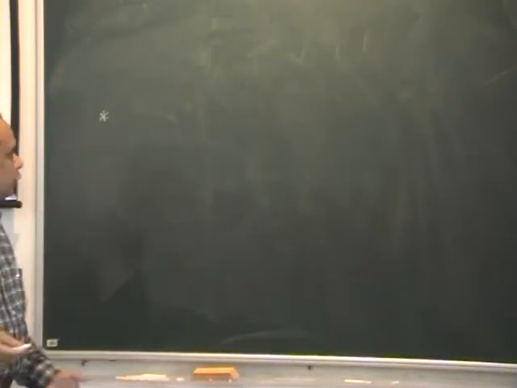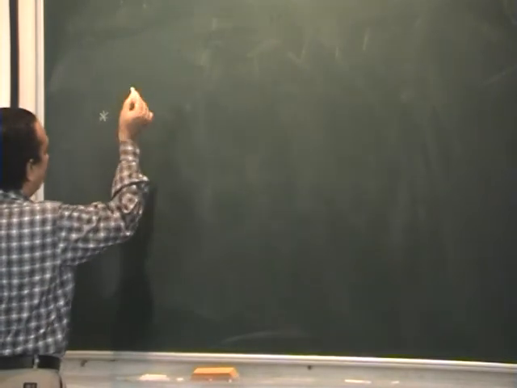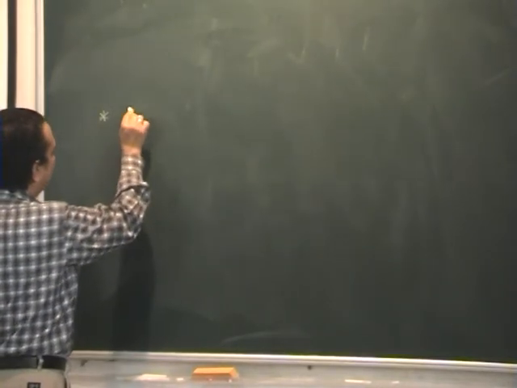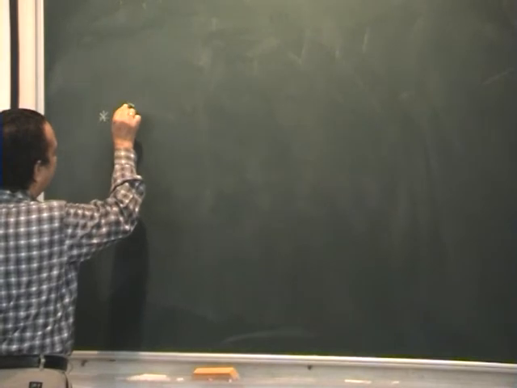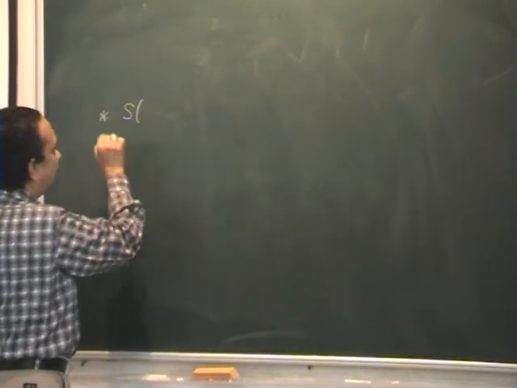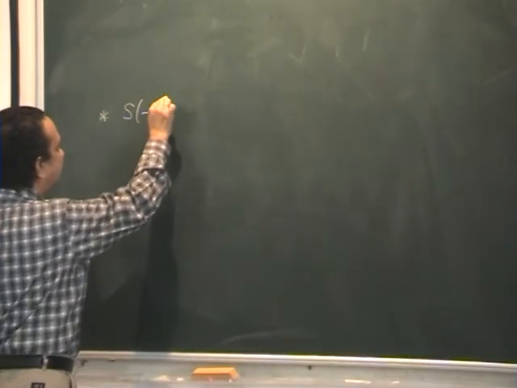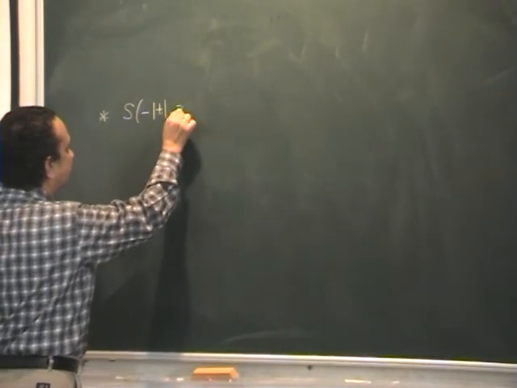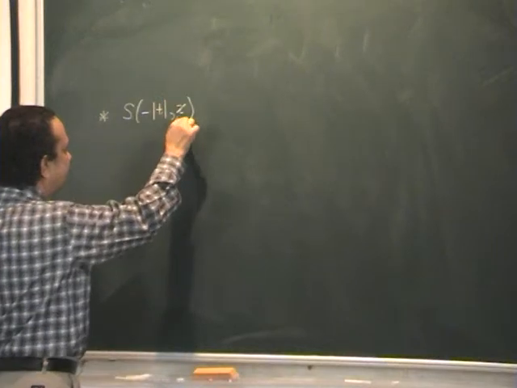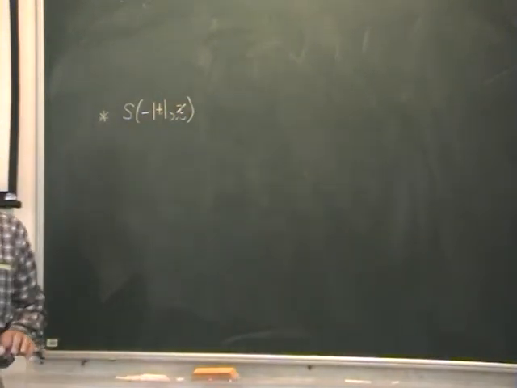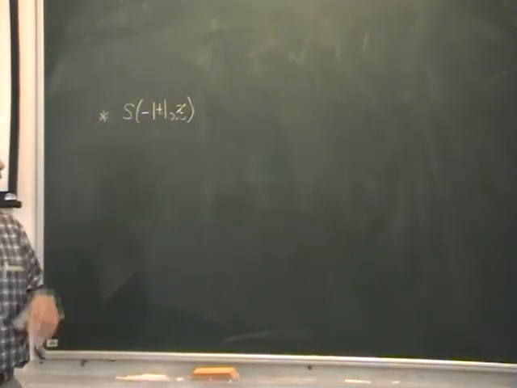So if t is negative, let me think of the S for a negative value of t, which I will write as S of minus modulus of t, x. This is an explicitly negative value of t, and we are looking at t less than 0.